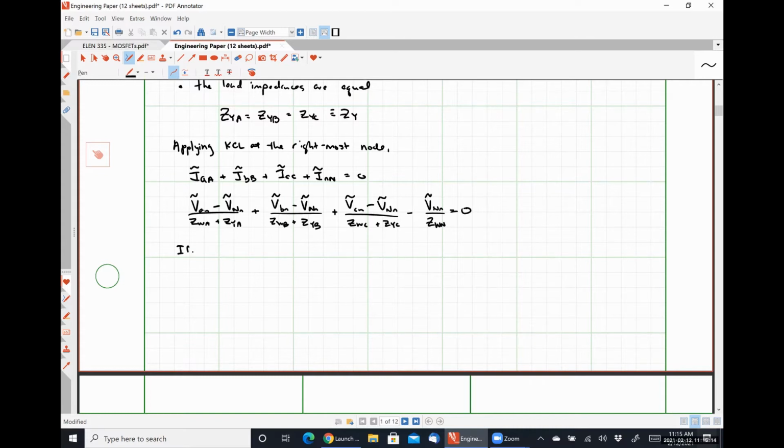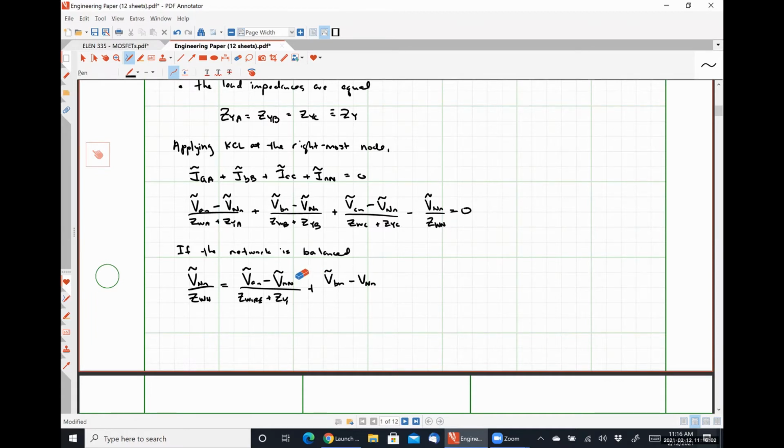So I will see that V capital N little n divided by the impedance of my neutral conductor will be equal to VAN minus VNN over Z wire plus ZY plus VBN minus V capital N lowercase n.